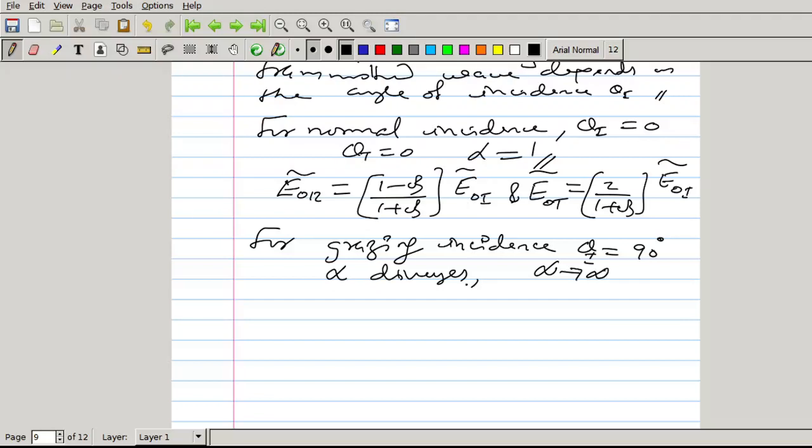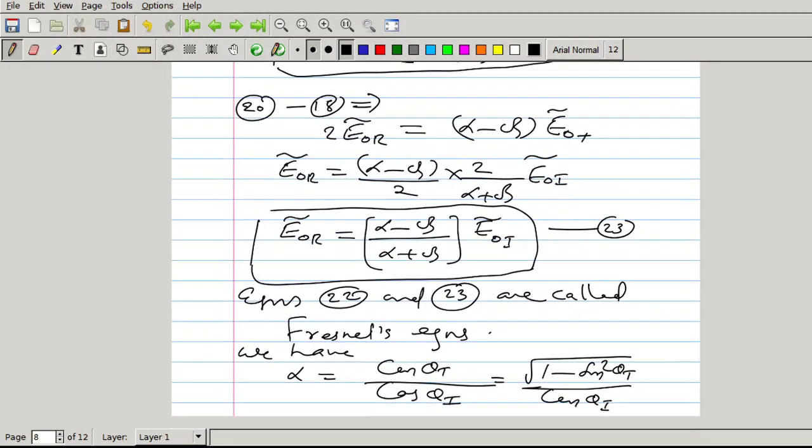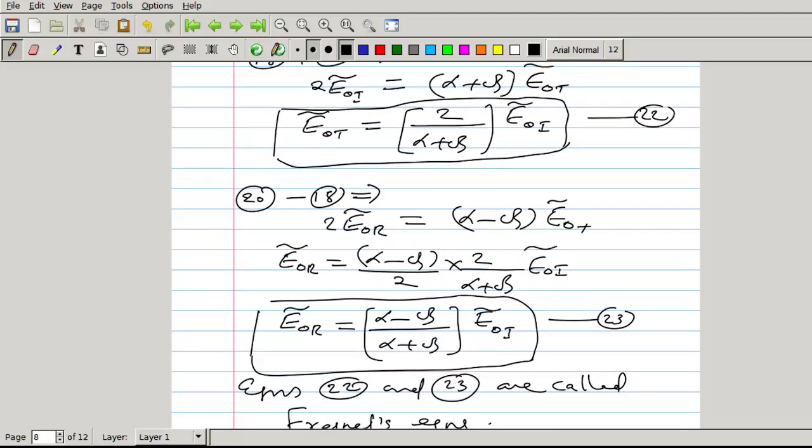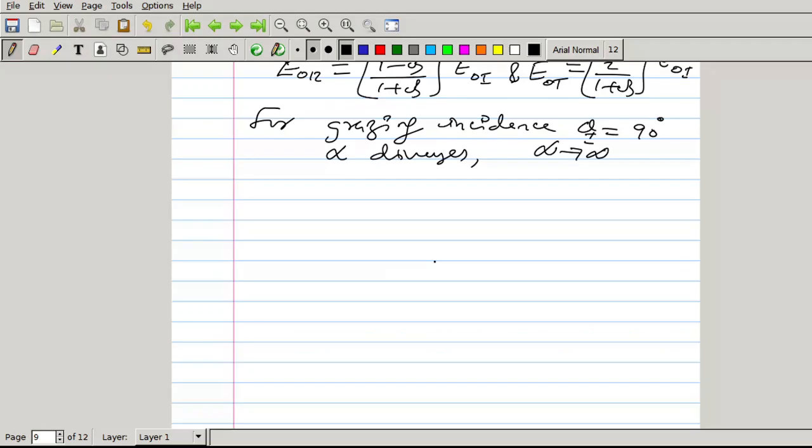If alpha tends to infinity, then for the reflected and transmission coefficients, we can write equations 23 and 24 as follows. If alpha is infinite, take the equation for E0 transmitted. If alpha is infinite, alpha plus beta will be alpha. So this will be 2 by alpha, which is 2 by infinity. That will be equal to 0. So E0T equal to 0. When alpha tends to infinity, E0 transmitted tends to 0.